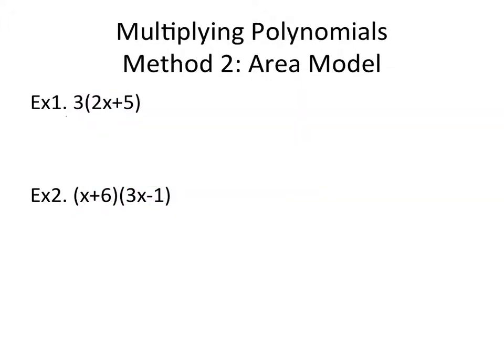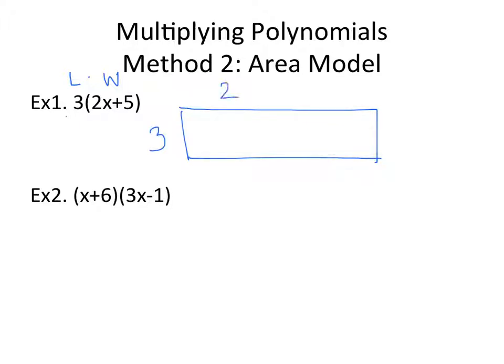So another method of multiplying polynomials is using the area model. And what we're going to do is take one part of the product and use it as our length, and use the other one as our width. And so if we drew a box, here's our length of 3, and then our width is going to be 2x plus 5.